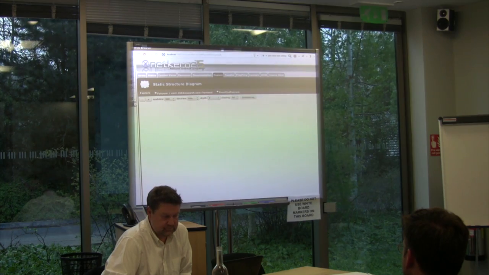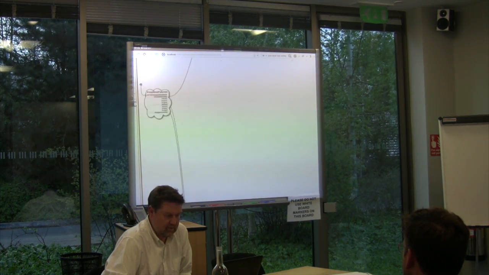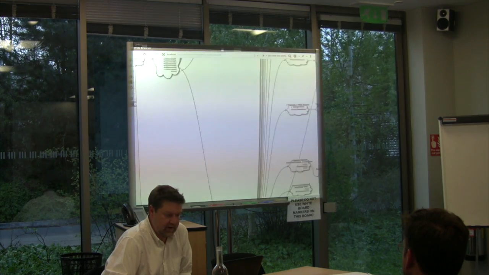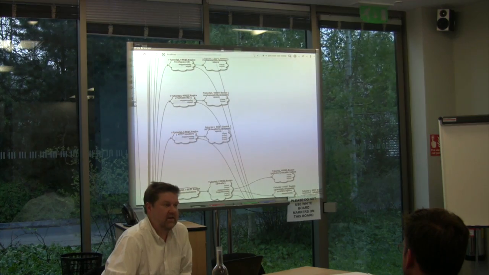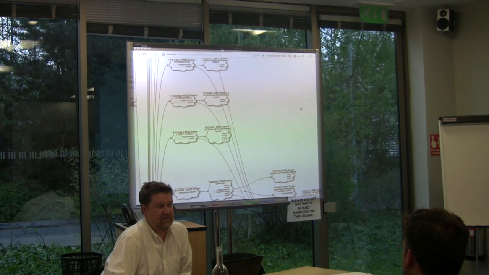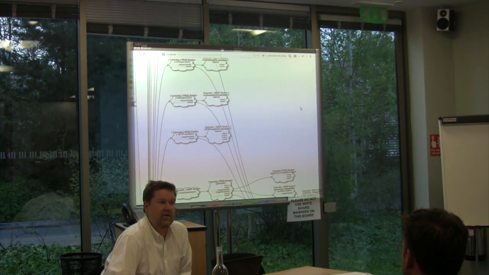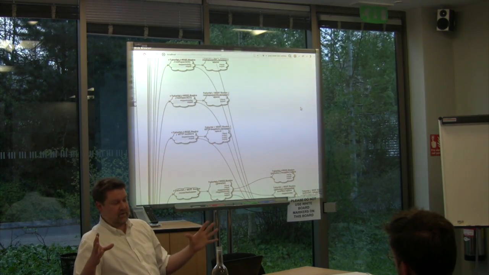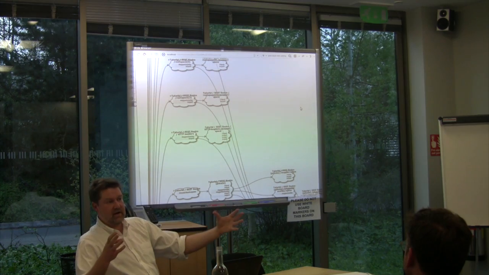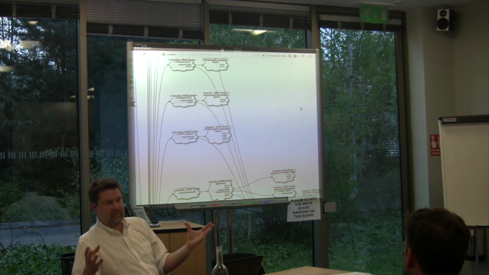And these diagrams get bigger and bigger and bigger. And I'm not going to get it all on screen, but you start to see emergent patterns in the architecture. And that's because you're no longer working at the code level, you're working purely at the architectural level.